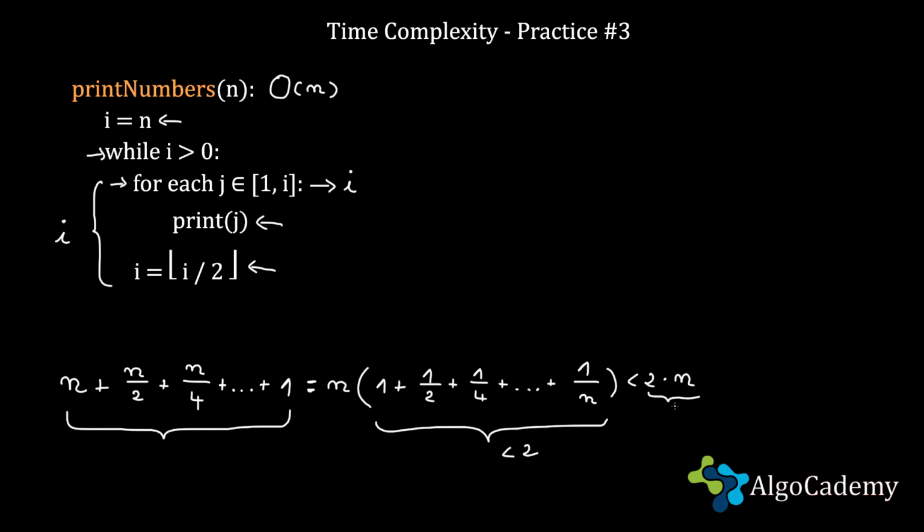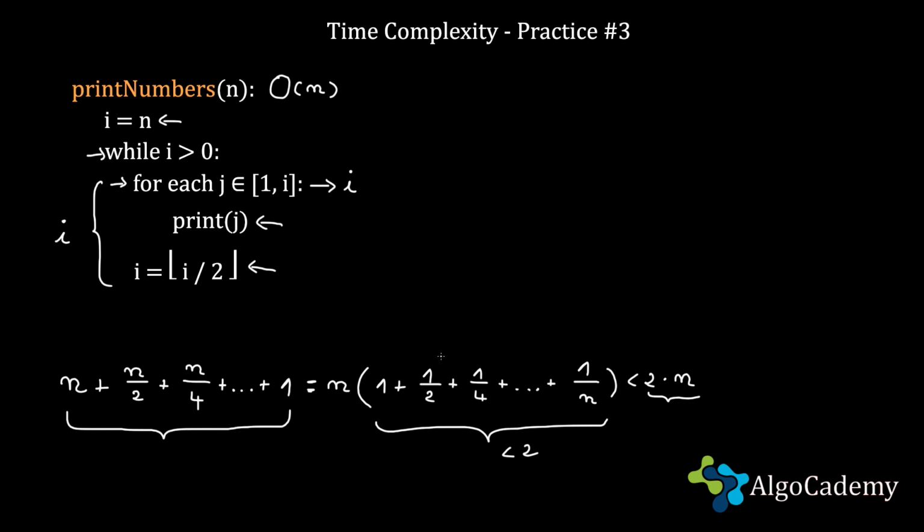Now, how will I prove that this sum is always less than 2? Well, we have two ways of doing that. The first one, which I'm not going to approach here, is that this series, 1 divided by 2, 1 divided by 4, 1 divided by n eventually, is a geometric progression, right?